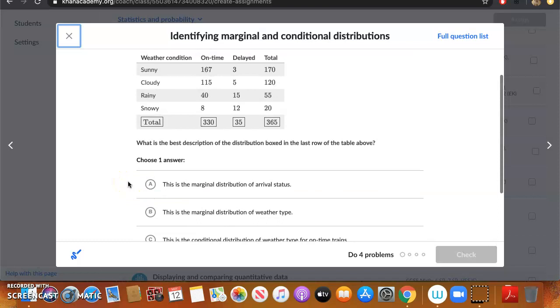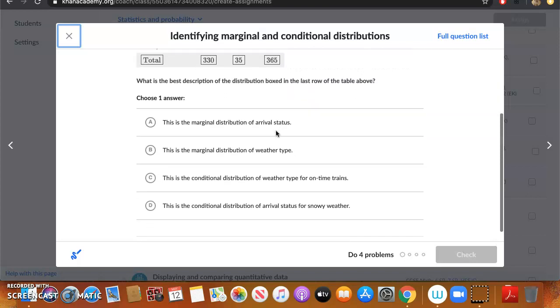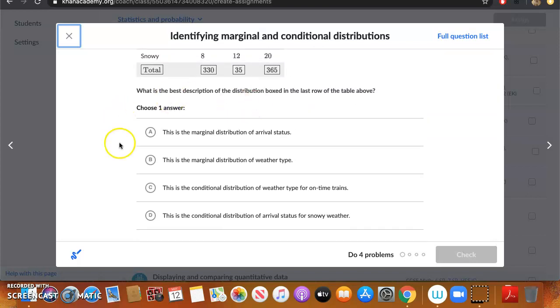So if we look, these totals are for what? 330 is the total of all the trains that are on time, and 35 represents all of the trains that are delayed. When you add those up, there are 365 trains total, correct? So if we look at our choices, A is the marginal distribution of arrival status.